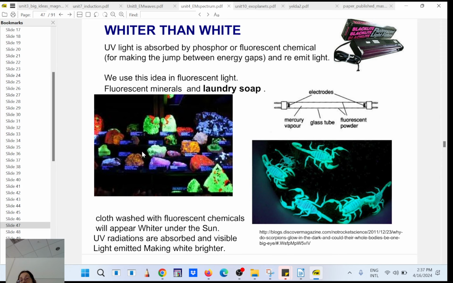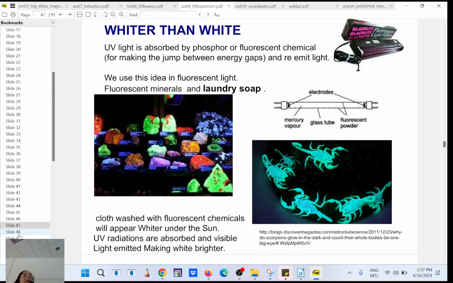It happens also for minerals. If you go to a science museum, those minerals can absorb UV from the sun. Under UV light, they re-emit visible light photons. So they absorb UV photons and re-emit visible light photons. In between, some energy has been lost, maybe to heat.